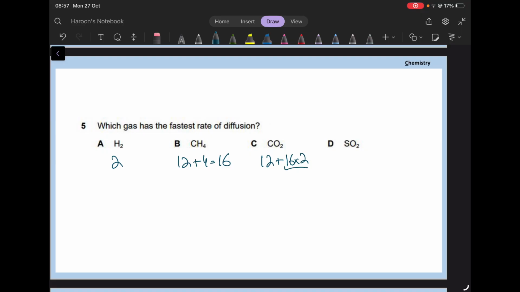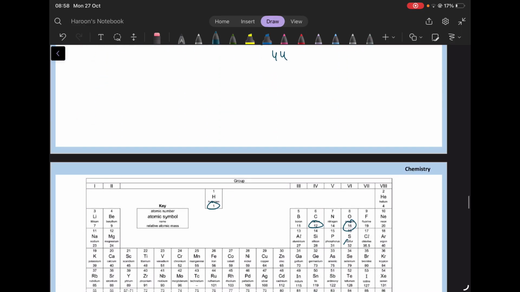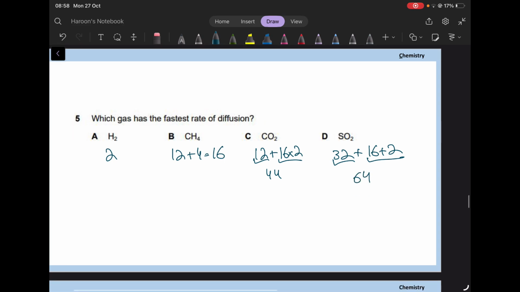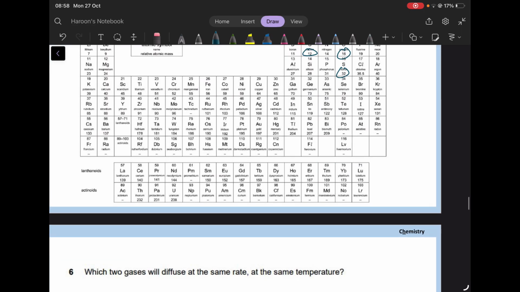This should be 30, 32, plus 12, 44. Then we have sulfur. Sulfur is 32, the bigger number of course, plus oxygen is 16 times 2. This should be 32 plus 32, 64. Okay, now fastest rate of diffusion would be for the lightest one. The lightest one definitely is hydrogen, so A has to be the correct answer.